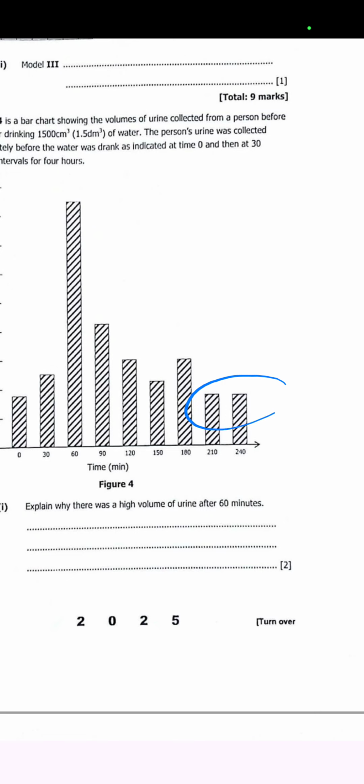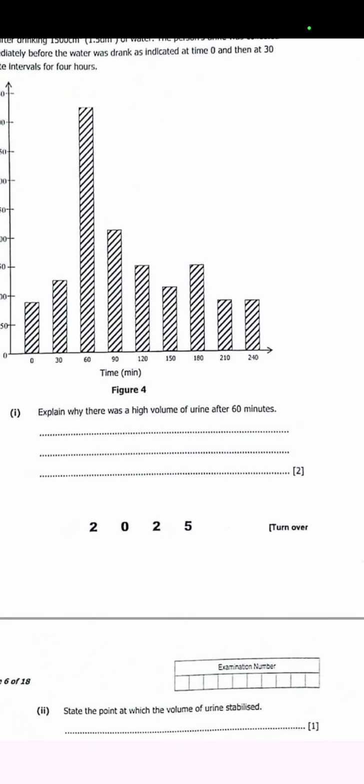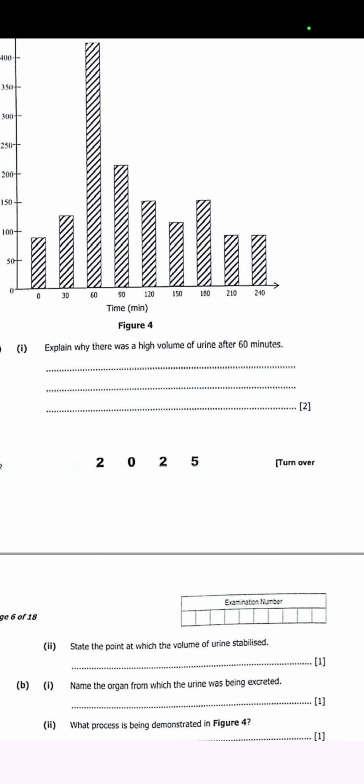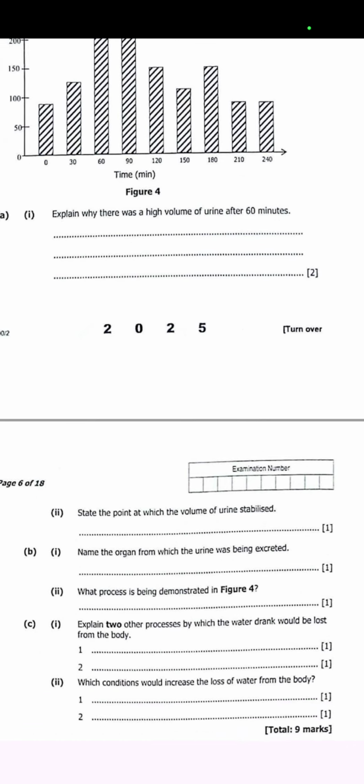In our case, these bars are of the same size. Since we know that these 2 bars are of the same size, that is when the urine volume stabilized. So here you write 210 minutes, because that is when the urine levels stabilized.